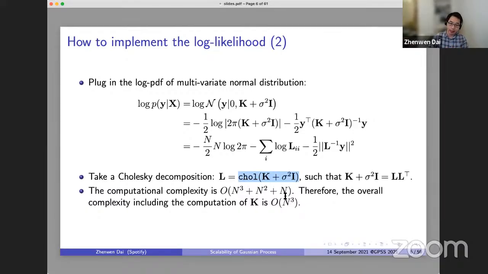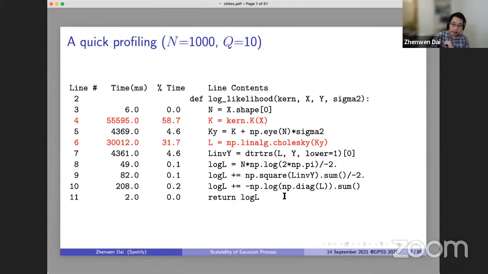So we just say the computational complexity of the log likelihood calculation is n cubed. That is the complexity analysis.